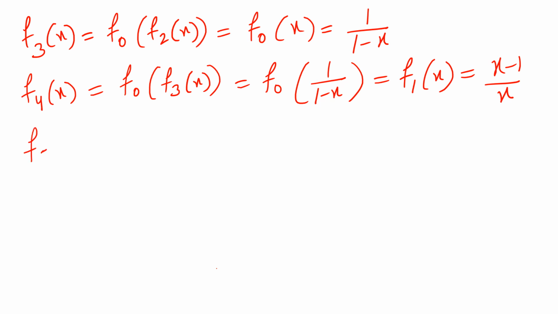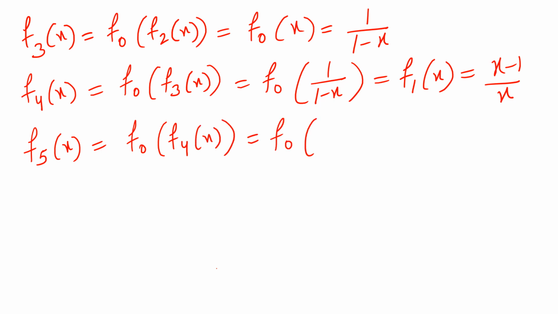Now students, similarly we can find the value of f5 of x by putting n equal to 4 in the given relation. It becomes f0 of f4 of x, and this is f0 of x minus 1 whole divided upon x, and this is finally equal to x, or equal to f2 of x.